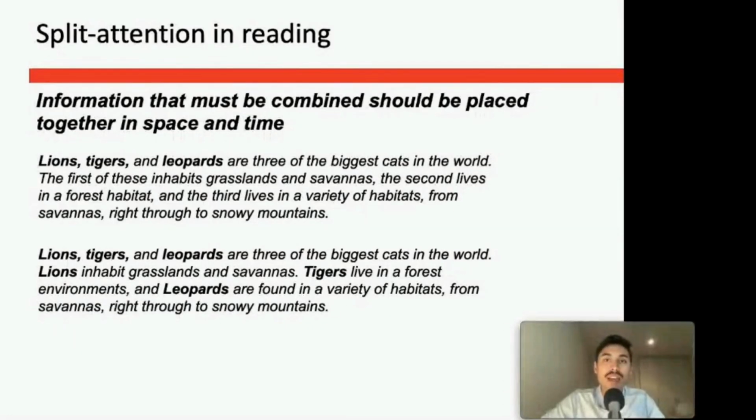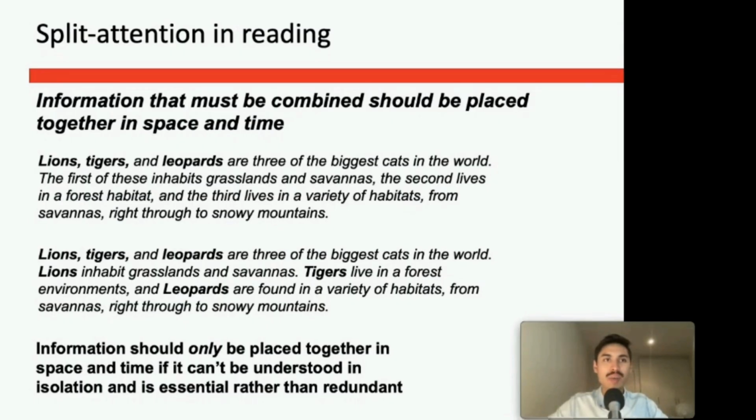You could just say the previously mentioned idea, or use other phrases often used within writing, and they sound a bit fancy when you say the former, the latter. And I actually had to reply to the copy editor and say, I understand that. However, I'm trying to reduce split attention and make the book as clear and concise and easily interpretable as possible for the readers. So something to think about in our classes, in our writing, in our podcasts, in our presentations and things like that. So that's split attention in reading.